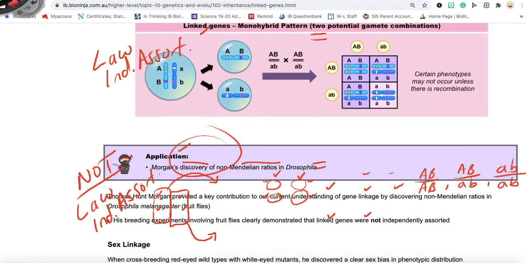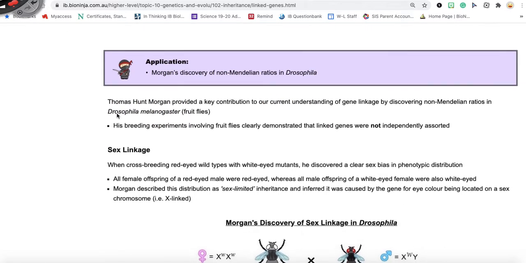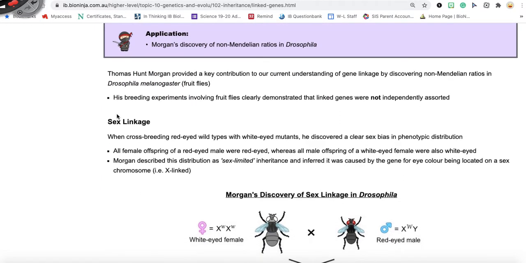All right, so let's talk a little bit about Morgan's discovery. So Morgan, Thomas Hunt Morgan, he did some experiments with fruit flies sometime around the early 1900s, like 1909 to 1914. And he found that his results when he crossed fruit flies did not agree with Mendel.